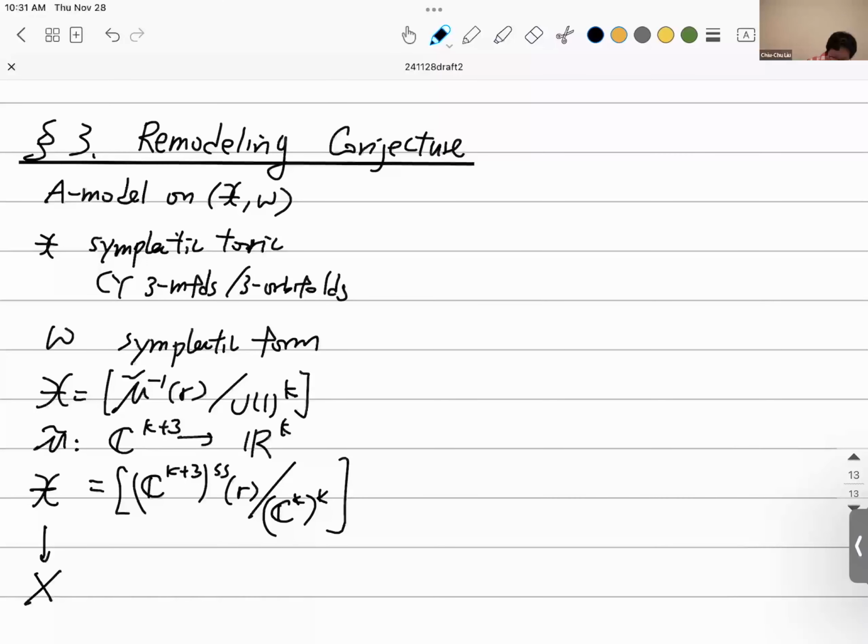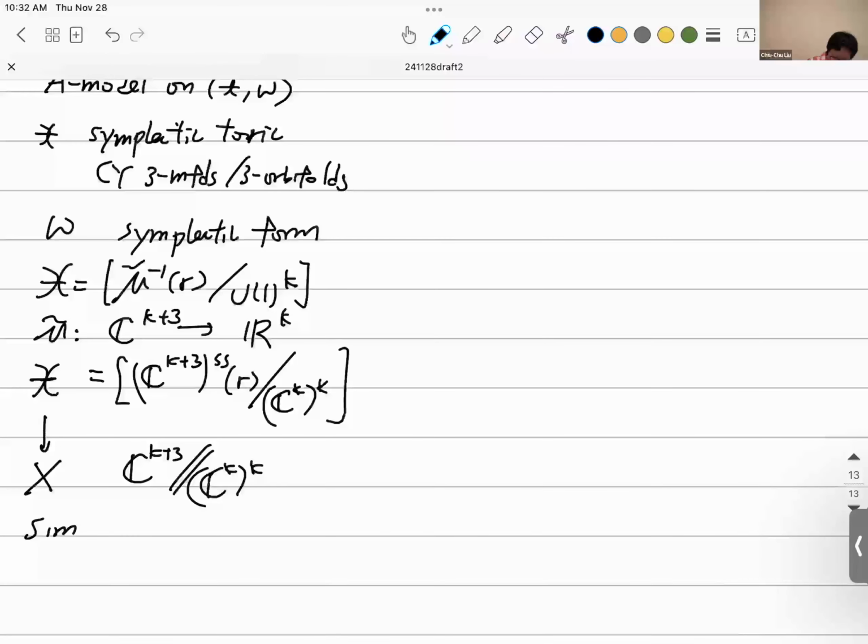There's a coarse moduli space, which is just a GIT quotient. So this is a simplicial toric Calabi-Yau threefold, which is semi-projective.